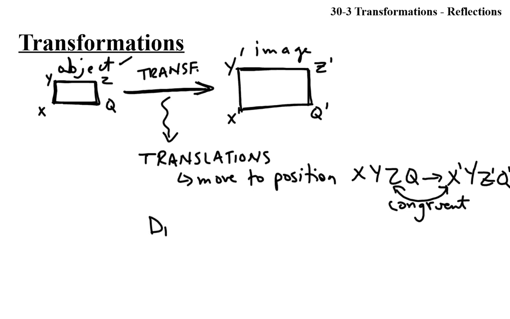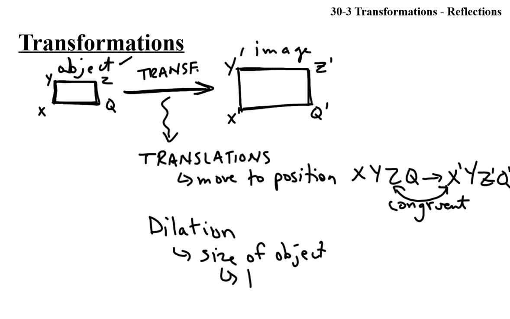The second transformation we did was a dilation. Now, a dilation is where we change the size of the original object. And we change it by multiplying everything by the k value.